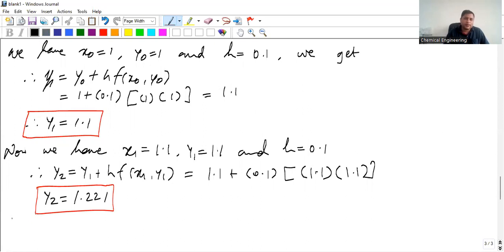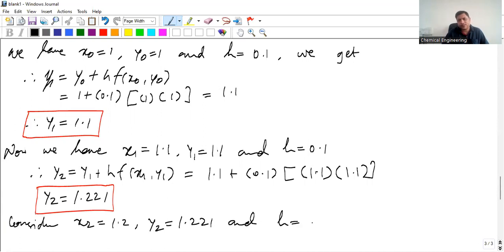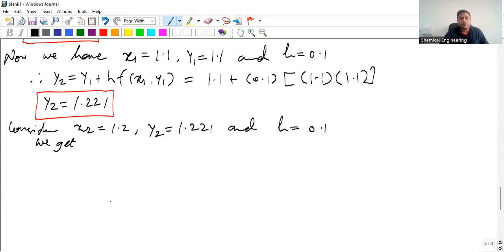So consider x2 is equal to 1.2, y2 is equal to 1.221, and h is equal to 0.1. So we can calculate y3. It is going to be y2 plus h times f of x2, y2.